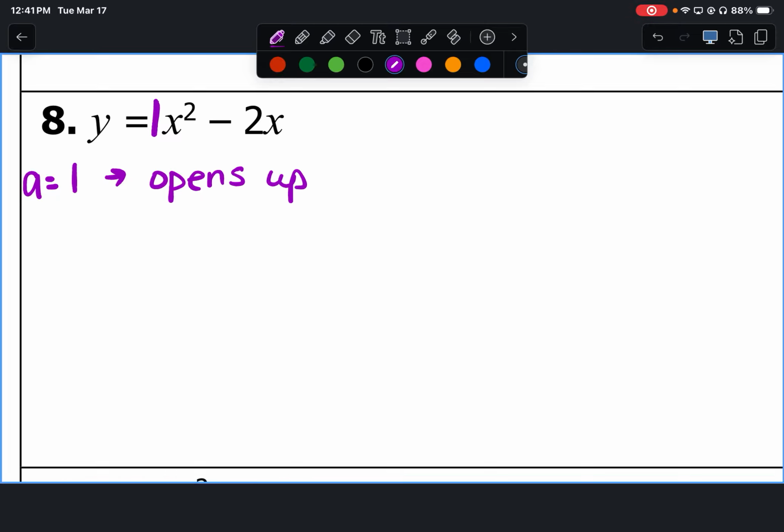What is our B value? Negative 2. Now, what is our C value? 0, because there is nothing being added to the end. What is the numerical equivalent of nothing? 0. That's like having plus 0 at the end. We don't have to write plus 0, but that's what it's like having there.